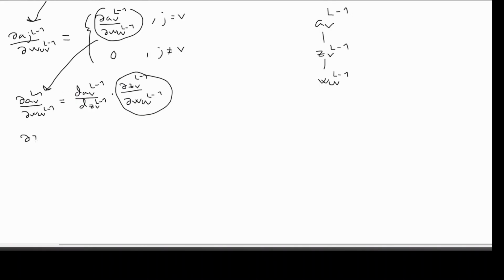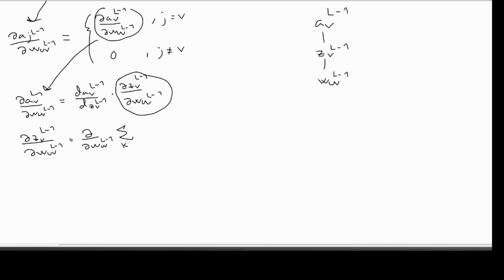We get that the derivative of z_v, the weighted input at neuron v, with respect to our weight u_v is equal to the derivative of our weight u_v at L-1, and then, unpacking the linear combination which the weighted input consists of, we get the sum over k.